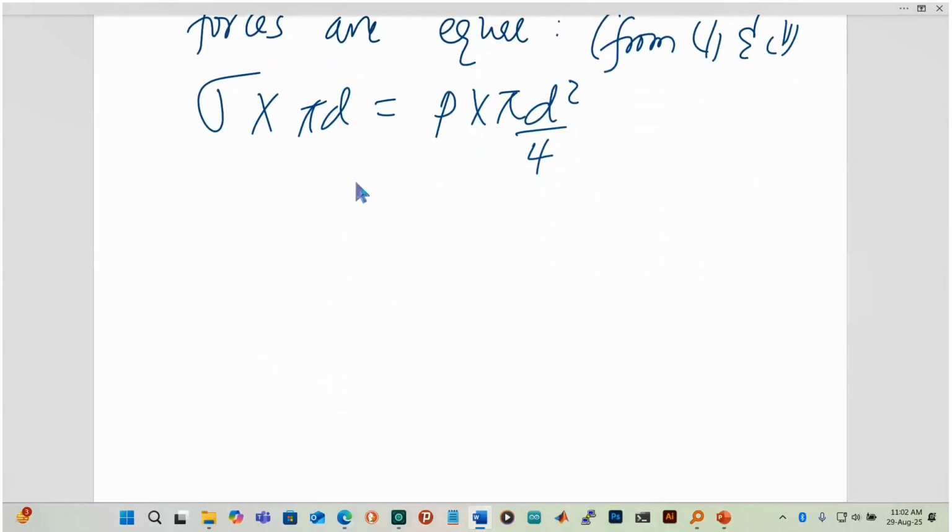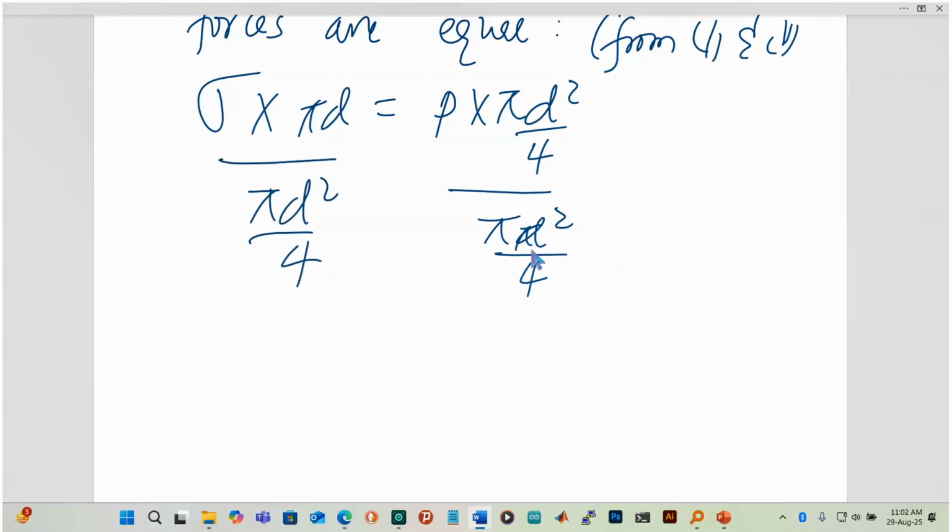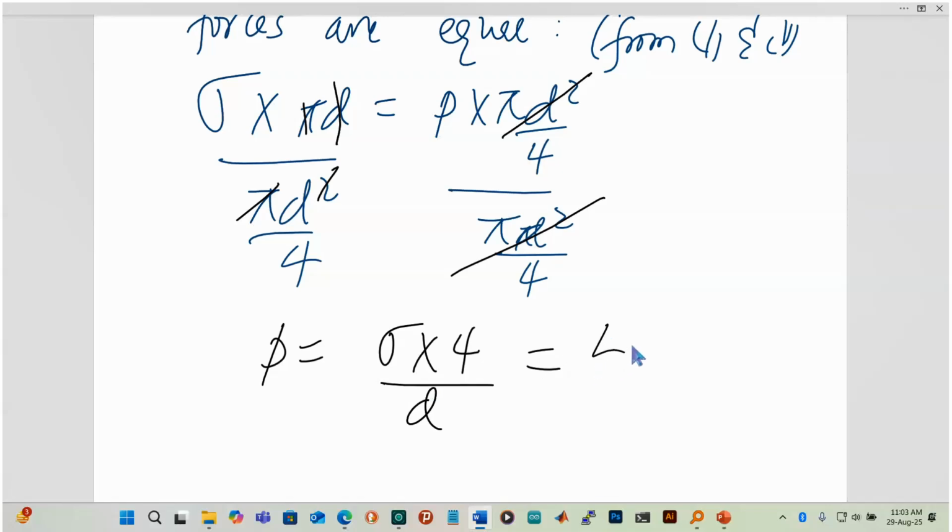I just divide by pi d squared out of 4. Because I want pressure, so this and that will cancel. This 2 will cancel with this d here. The pi will go, the 4 will go upwards, and therefore P will equal to sigma times 4 divided by d, and this is equal to 4 sigma out of d.